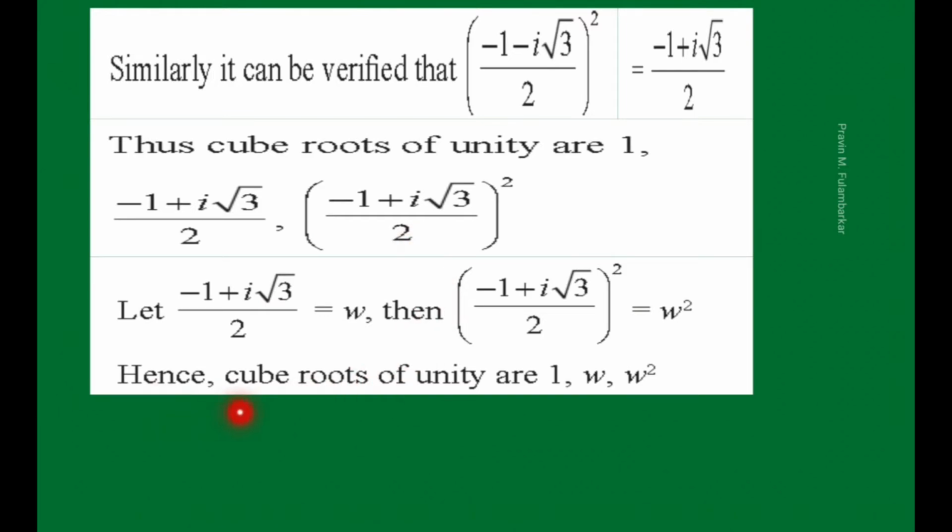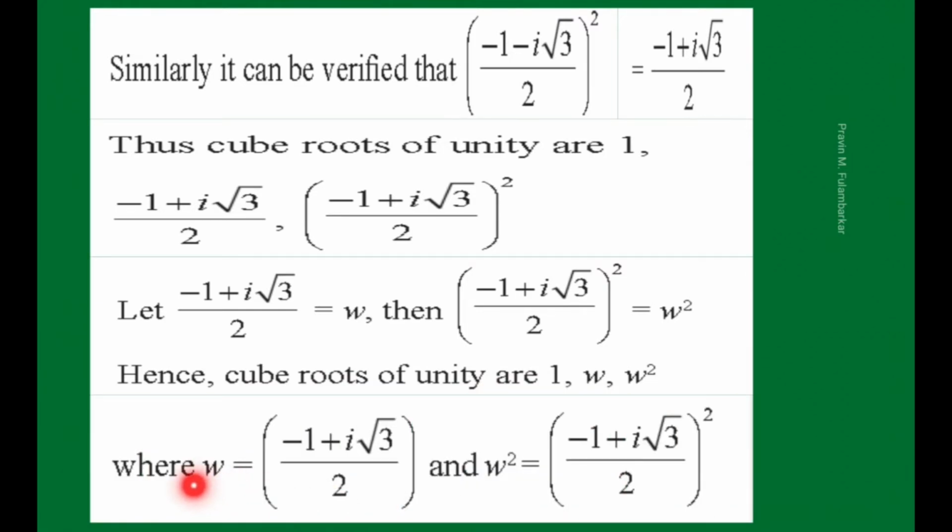So hence the cube roots of unity are 1, omega, omega square, where omega equals (-1 + i√3)/2, and omega square equals (-1 + i√3)/2 its square. In this way we use 1, omega, omega square as cube roots of unity for solving the problems.